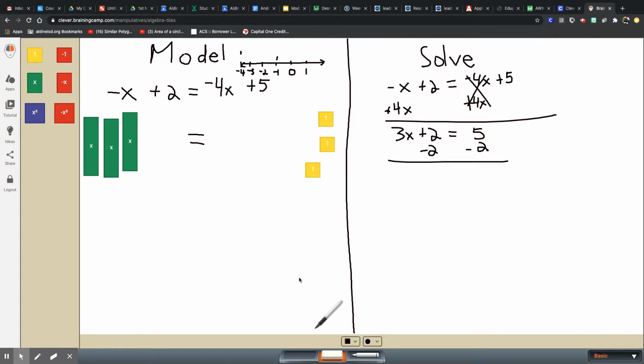If I look, what I'm left with is 3x, that plus 2 we canceled out, is equal to 1, 2, 3, equal to 5 minus 2 equals 3. Okay, so now we know that 3x is equal to 3.